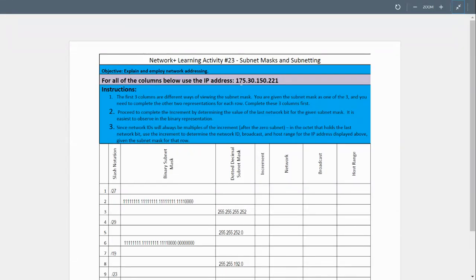Basically, what's going to happen is you've got to imagine the reason why they give us an IP address. Imagine for a second you have a computer lab with like 5 computers. And you actually find one with the IP address 175.30.150.221. And you're saying to yourself, okay, something's wrong with this computer, but it must be something in the network.